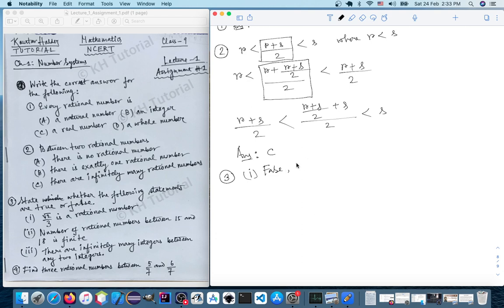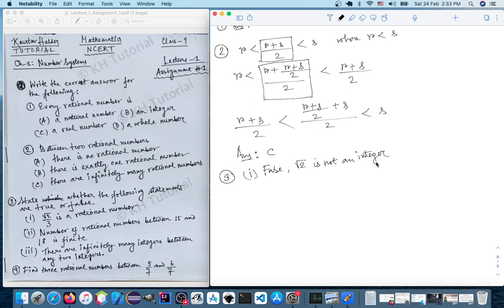because root 2 is not an integer. We have not studied root 2 yet. Root 2 is actually an irrational number, which we will study soon in the subsequent sections of the chapter, number systems.